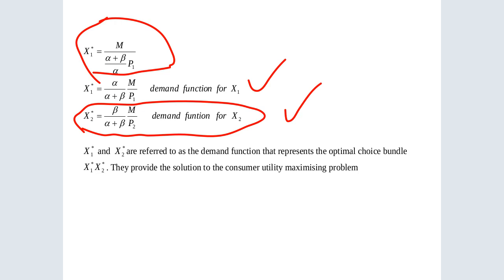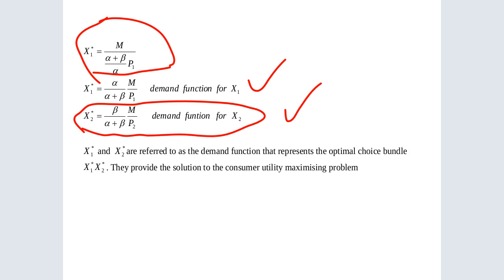But the optimal demand function, we said earlier that it is a function of the price. So the X1 star and X2 star are referred to as the demand functions that represent the optimal choice bundle.